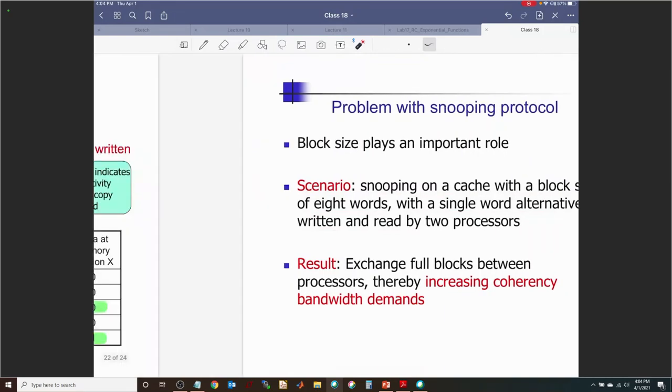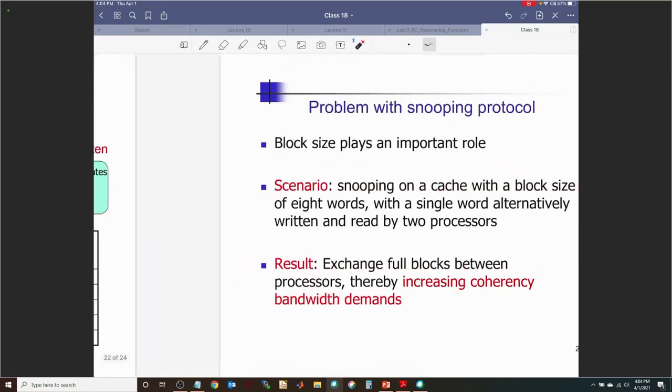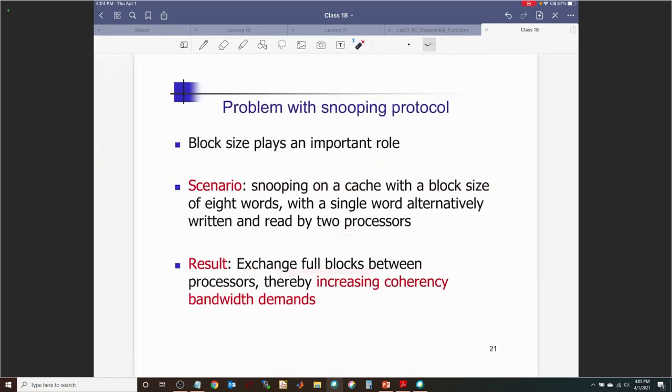Because you are writing and reading, a full exchange of full blocks between the processors is going to occur. I just needed to do this single word update, but because I do this block by block, I'm going to be exchanging full blocks between the processors, thereby increasing the coherence bandwidth demands.